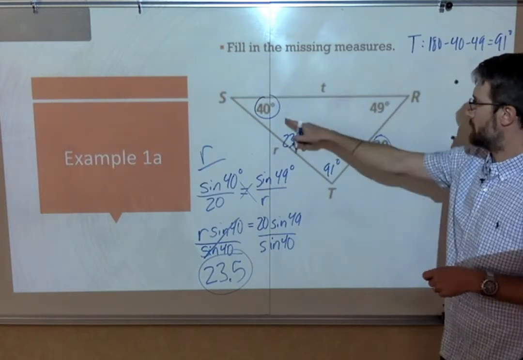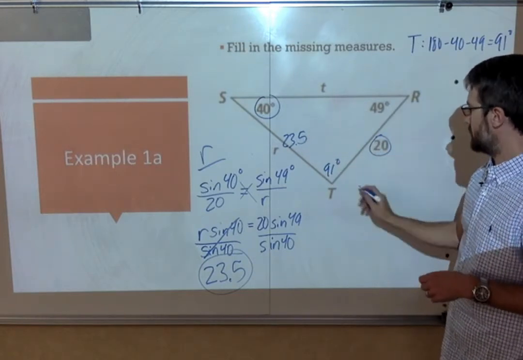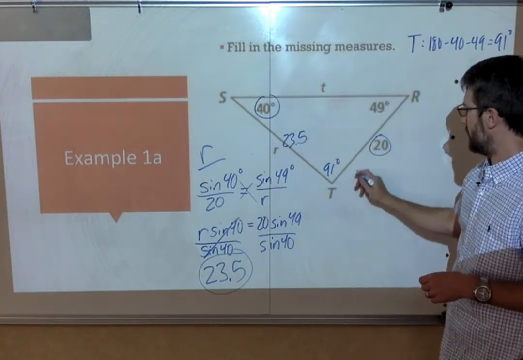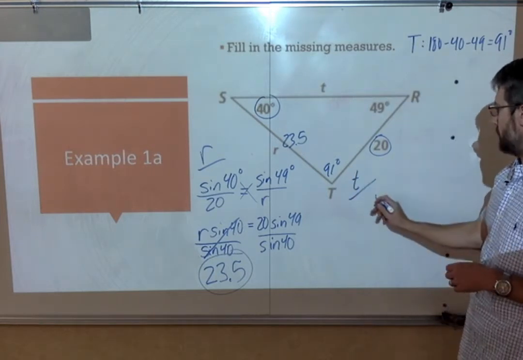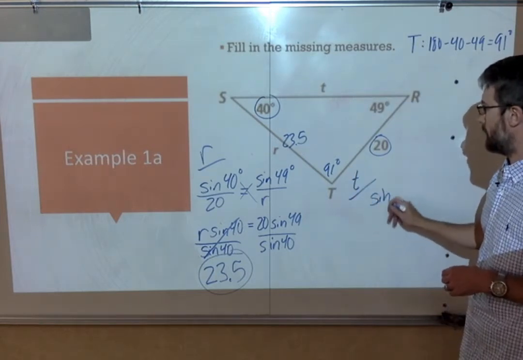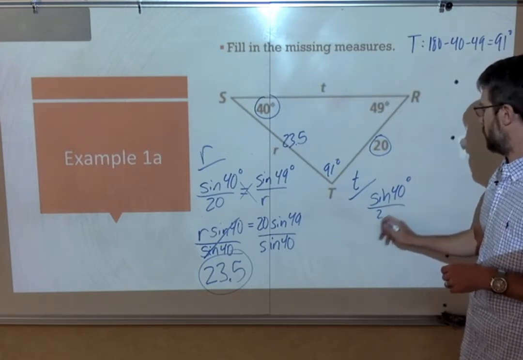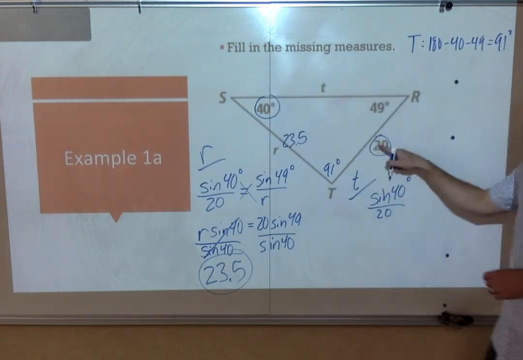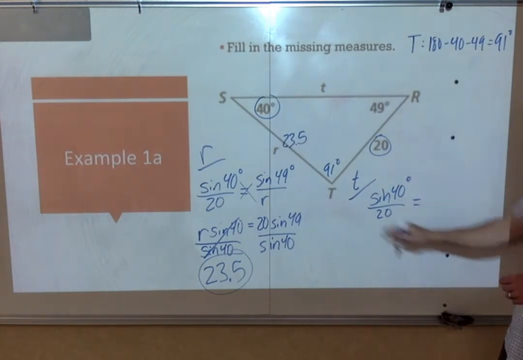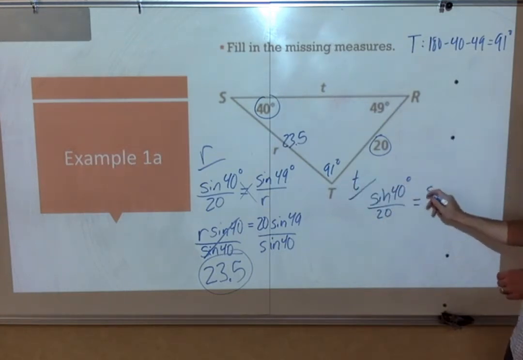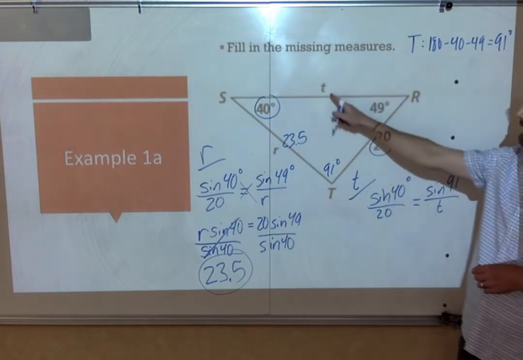So let's use these two and set up to figure out side T. So for side T, that is going to be sine of 40 degrees again over 20, so opposite angle over opposite side, is equal to sine of T, which is 91 degrees, over our missing side T.